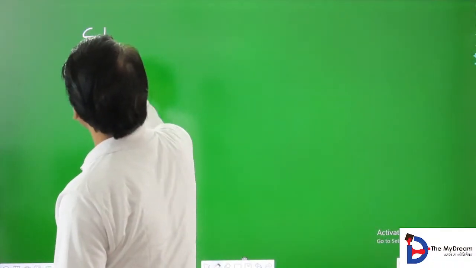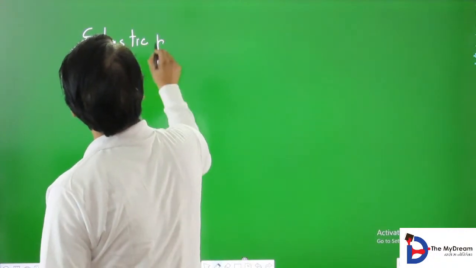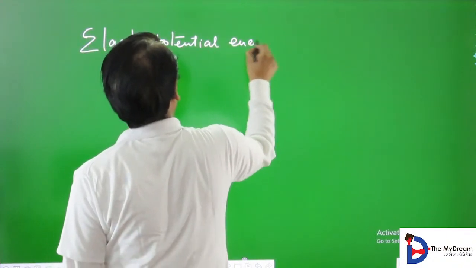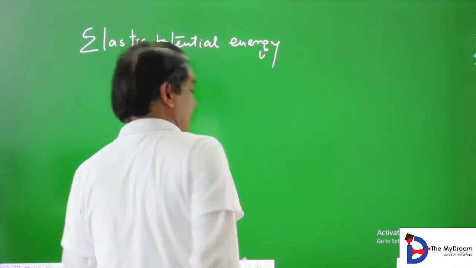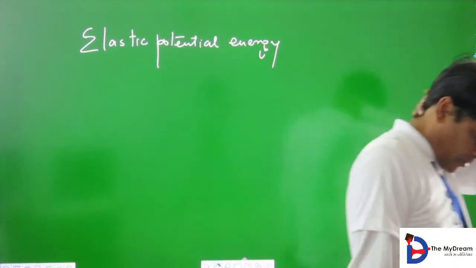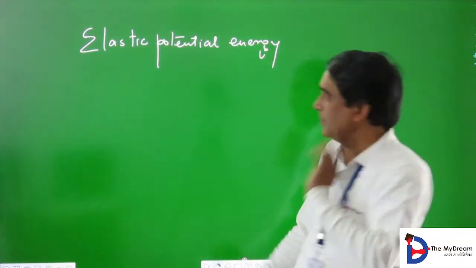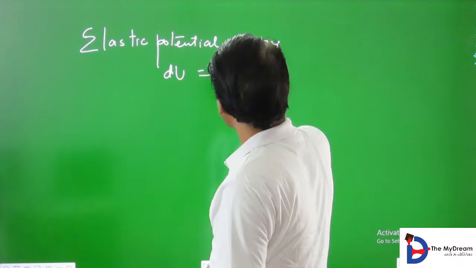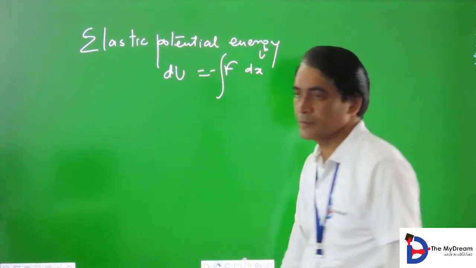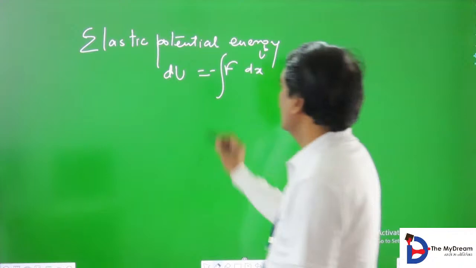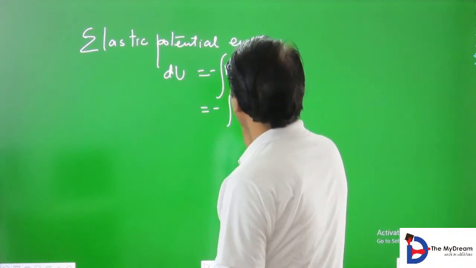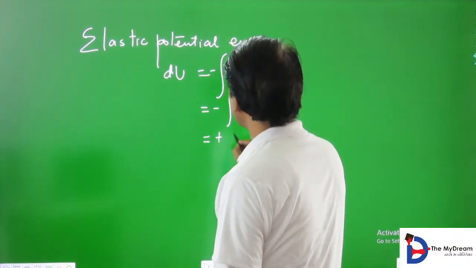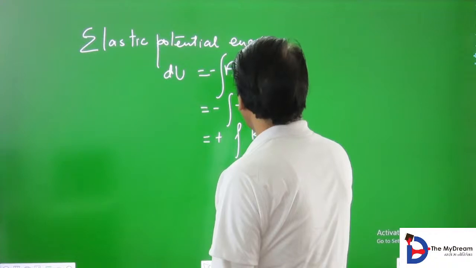The elastic potential energy is given by delta U equal to F dot dx, where F is equal to minus Kx, so minus of minus Kx dx.